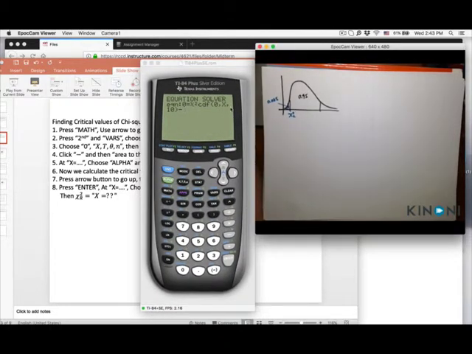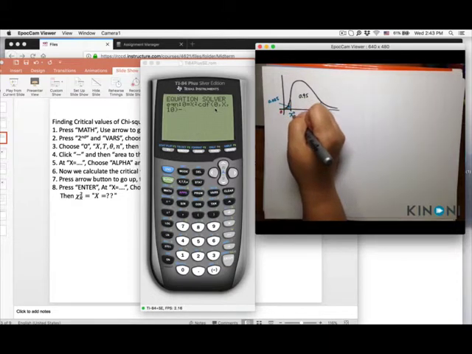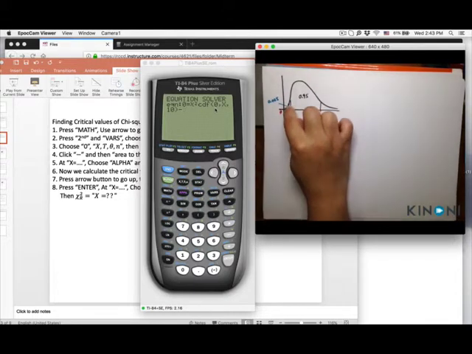This is talking about how I want to solve the equation that is equal to 0. The cumulative area starting from 0, at this point, until the x. The x means the chi-square to the left, comma, the degrees of freedom, minus the area from the left. The area from the left is talking about here.